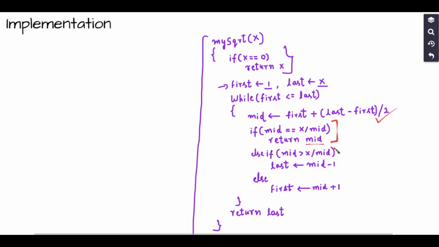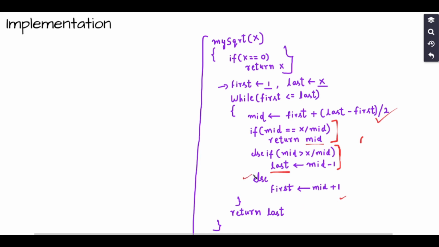If this middle value is greater than the square root that we require, then the search space is reduced from first till mid minus 1. Otherwise, the search space is reduced to middle plus 1 till last.